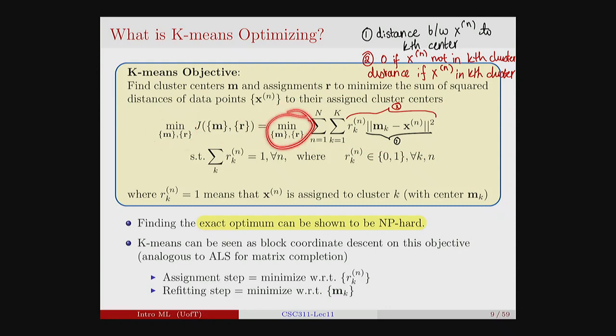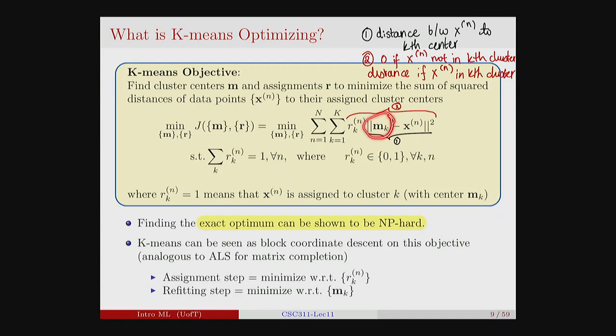So this is a min over M, R, a summation over the N data points, and a summation over the K clusters of r_nk multiplied by some distance metric, which in this case is the squared distance, the L2 norm. What is inside this distance metric?